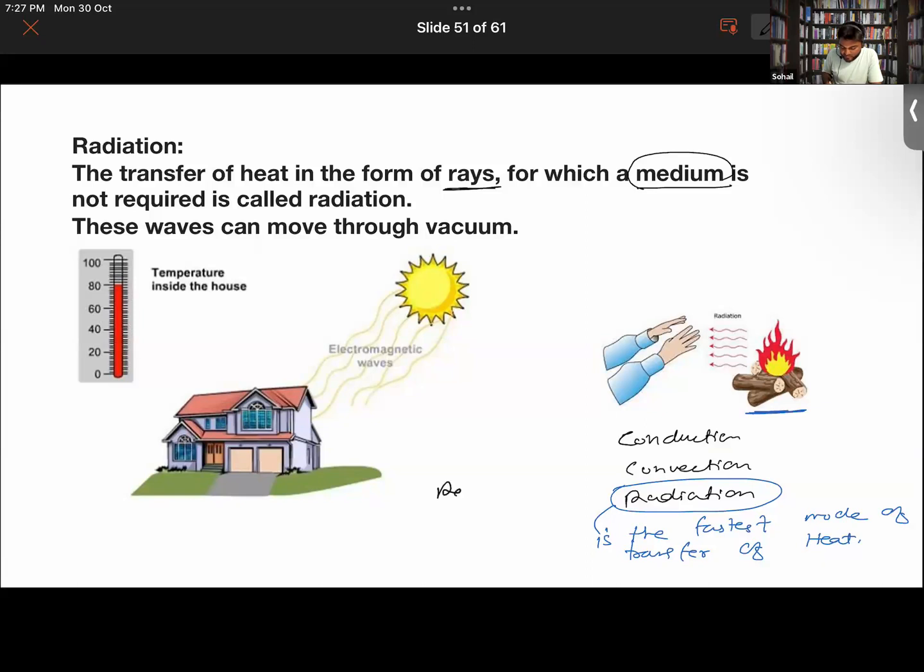Reasons, if I were to quote: one is that no medium is required. Medium is not a limitation for it. Second thing is that heat here travels in the form of rays. Okay.